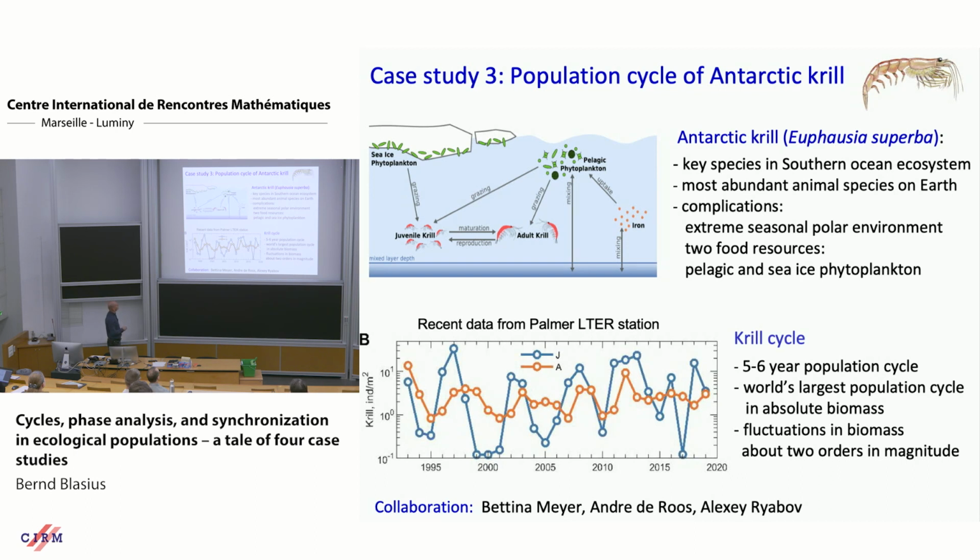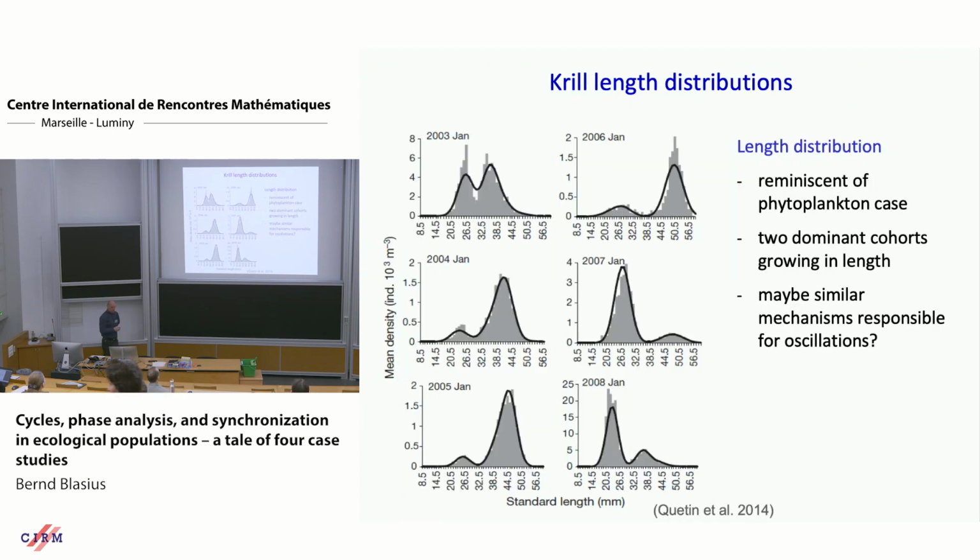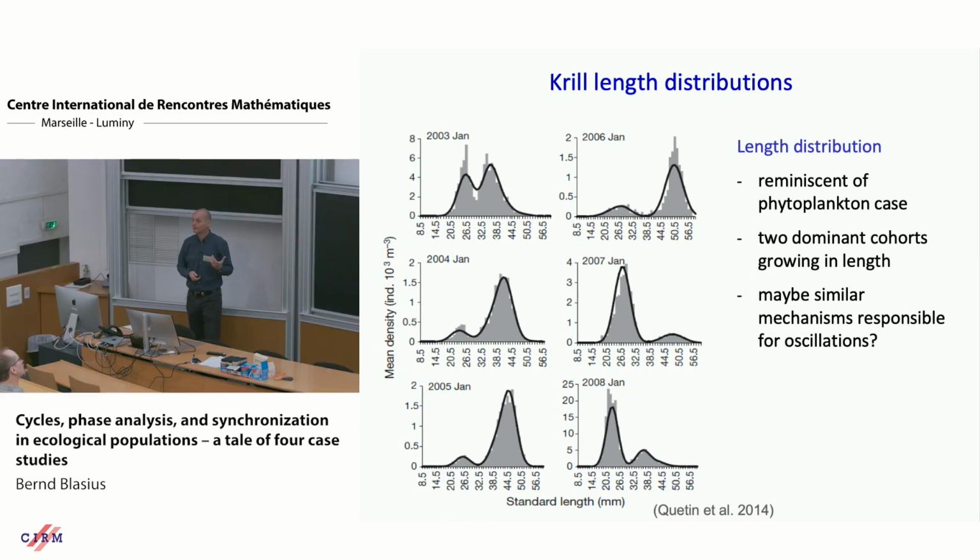And why should this be related to what we had before? That's a study where people looked at the size distribution of krill in different years. And when you remember the size distribution we had before in the phytoplankton, it looks very similar. So maybe we have here a similar mechanism driving the system.